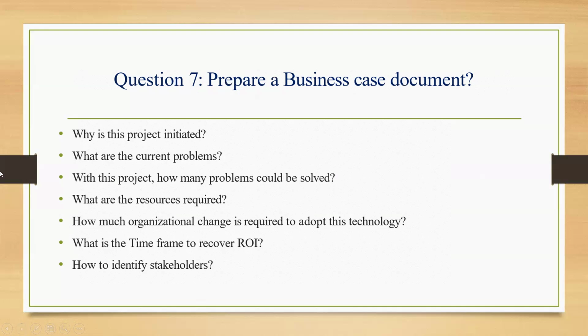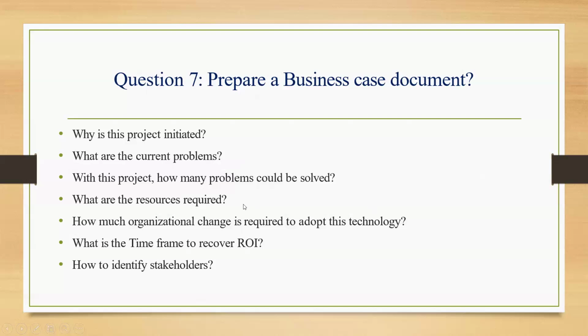Okay. So why is this project initiated? And what are the current problems involved? Identify the problems involved in this particular case study. Okay. So once you have implemented this project, what type of problems could be solved? You need to mention that.